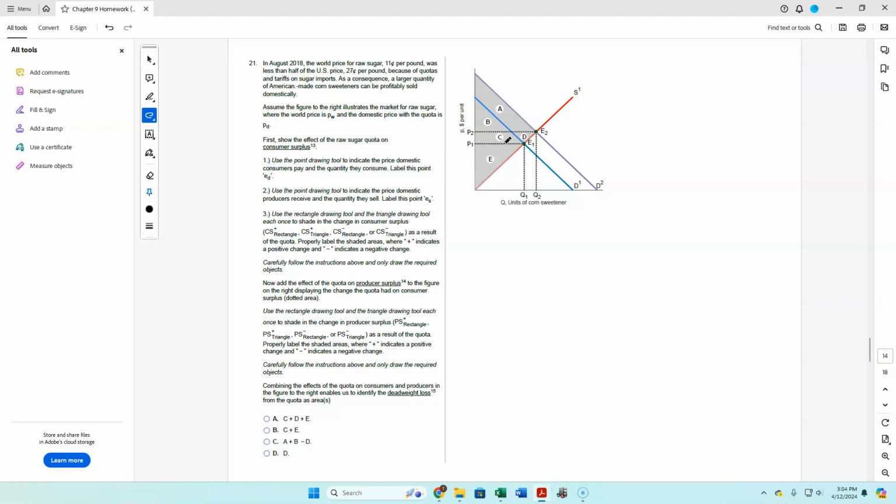Because domestically, the world price for sugar is half of what it is in the US. So if I say that people have to buy American sugar, then no one's going to be buying it at the world price, which would mean the entire market's wiped out, and this is all my deadweight loss.